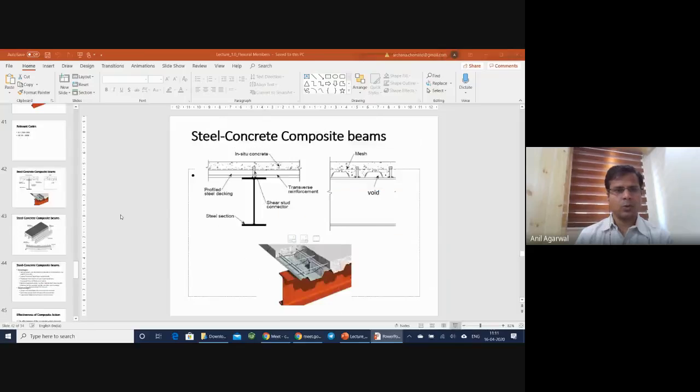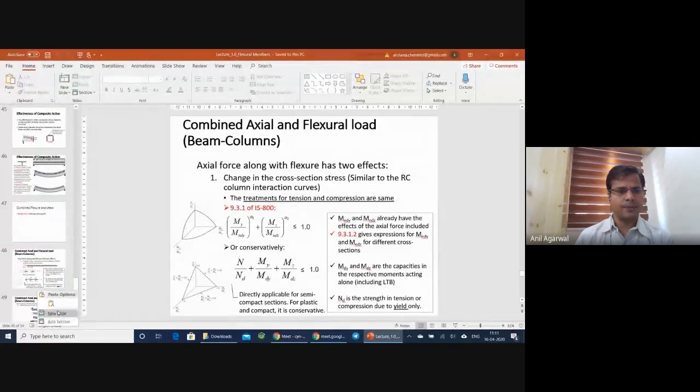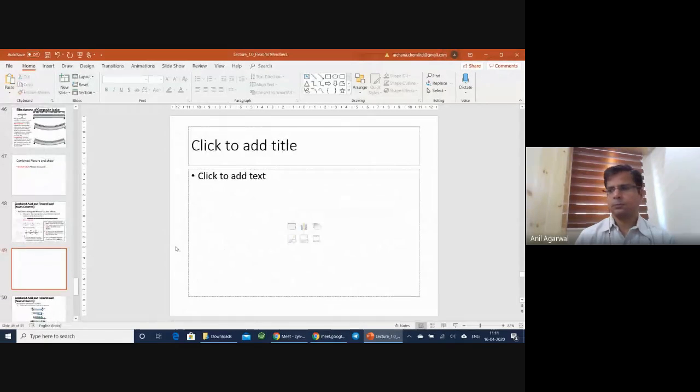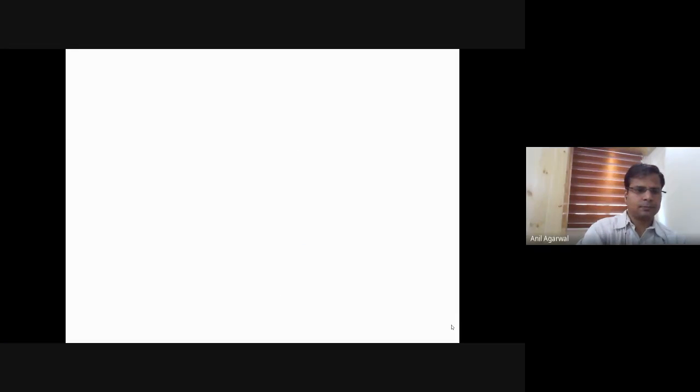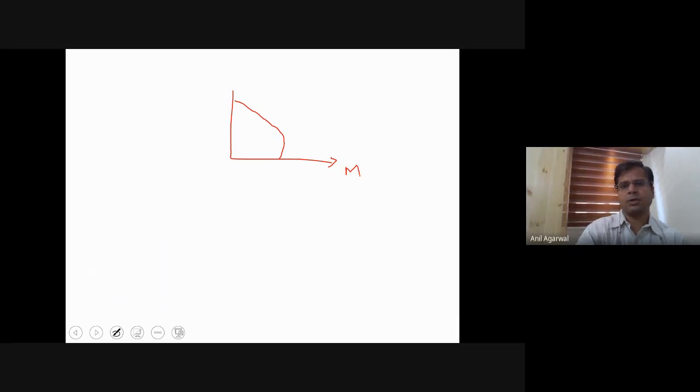Maybe I can draw a quick one to refresh your memory. A typical PM interaction curve used to look somewhat like this, right? You used to have M on this axis and P on this axis, correct?